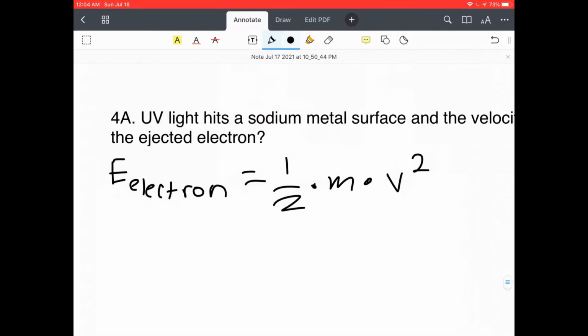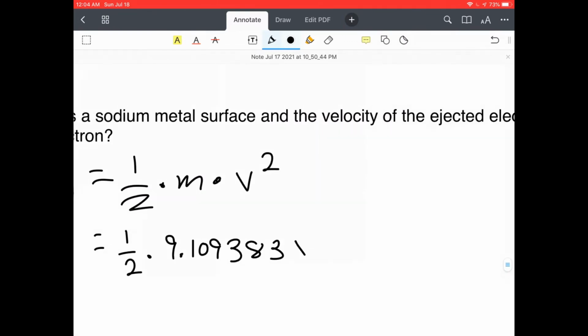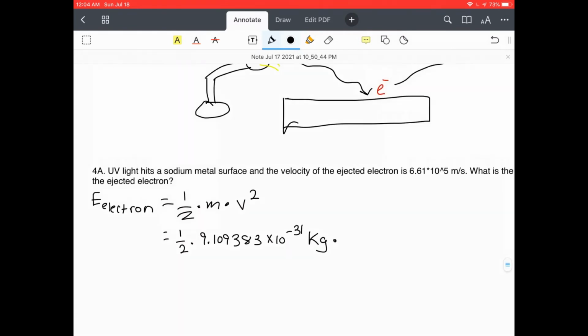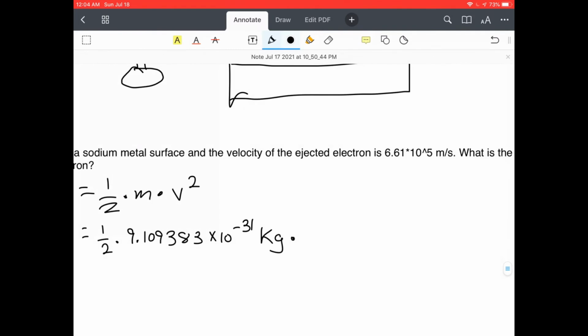And so usually you'll be given this, but we know what the mass of the electron is, which is 9.10983 times 10 to the negative 31 kilograms times the velocity squared, which is 6.61 times 10 to the 5th meters per second squared.